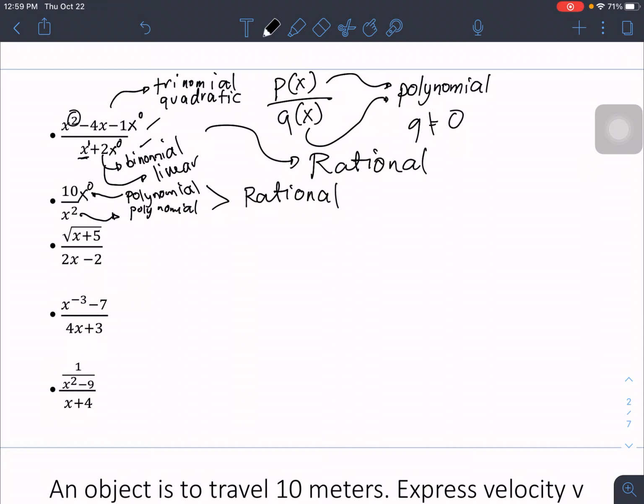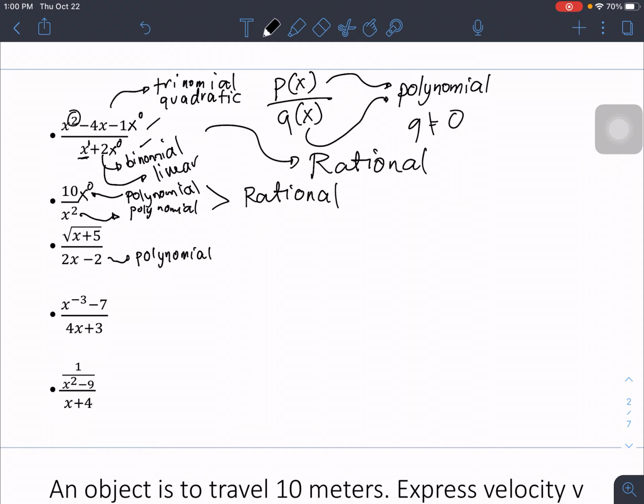Square root of x plus 5 over 2x minus 2. So something unique about this function because we have a radical sign. So first, let's examine the denominator. So I will be coming to the denominator. So we are pretty sure that this is a polynomial, right?